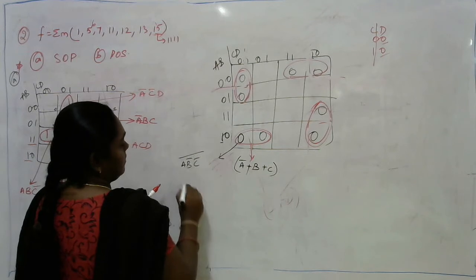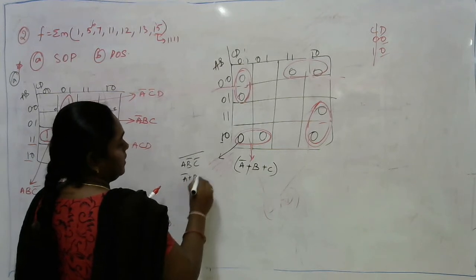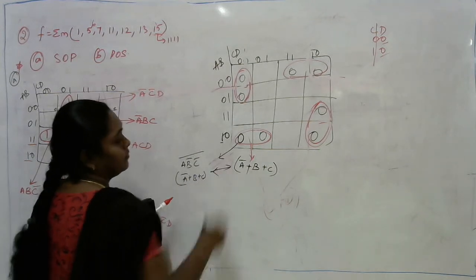A B bar C bar whole complement is A bar plus B plus C. Both are one and the same.